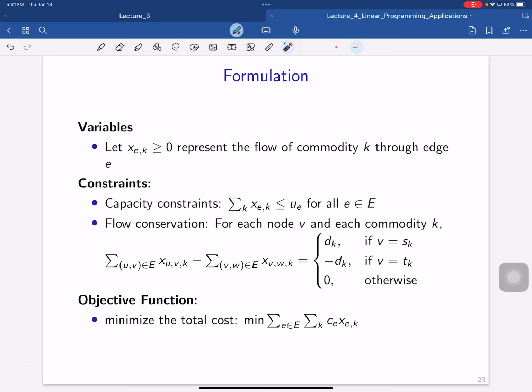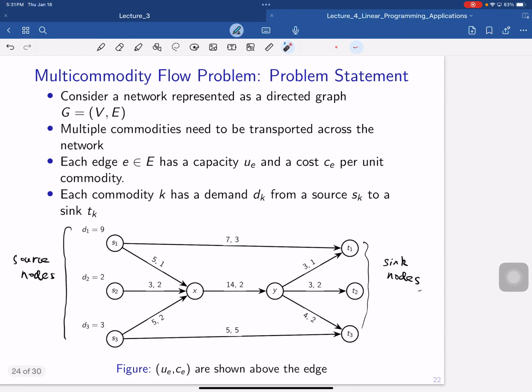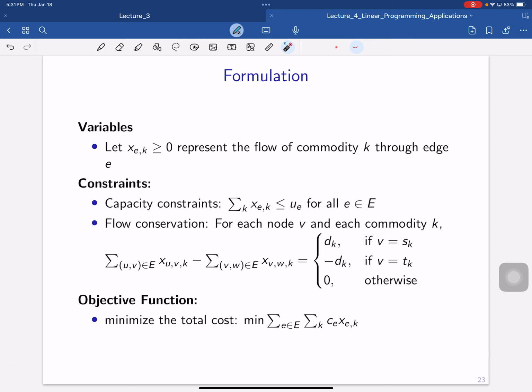So what's going in minus what's going out should be equal to the demand of the particular node, okay? And the objective is to minimize the cost of using different edges. Okay.